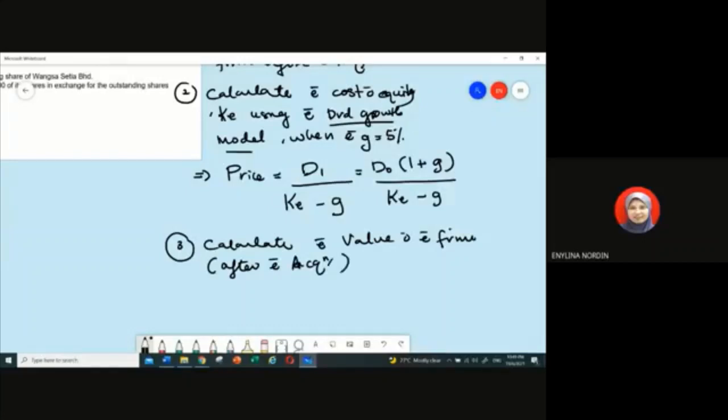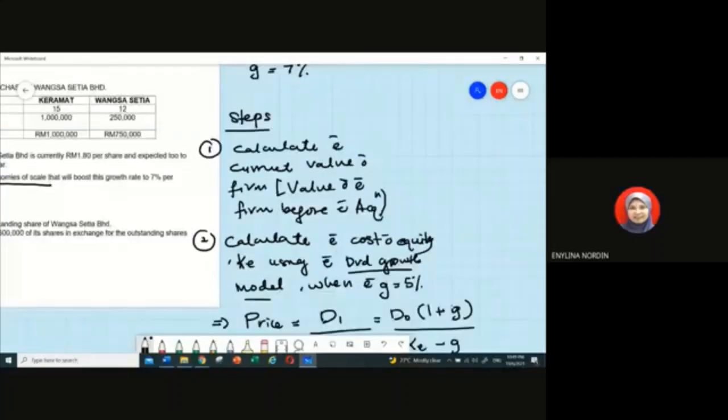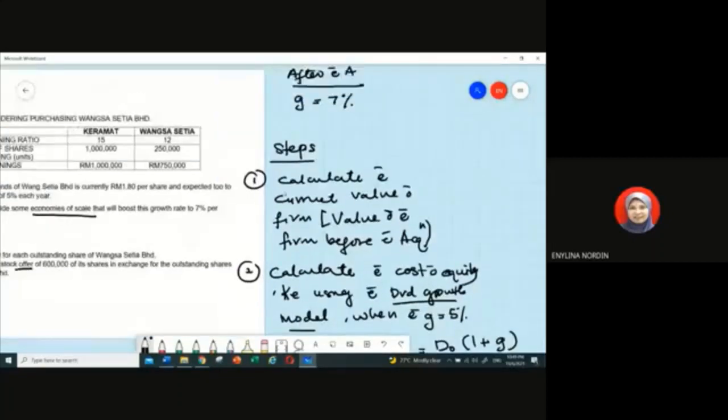Now let us start to answer the question by doing the steps first. What is the first step? We need to calculate the value of the firm.